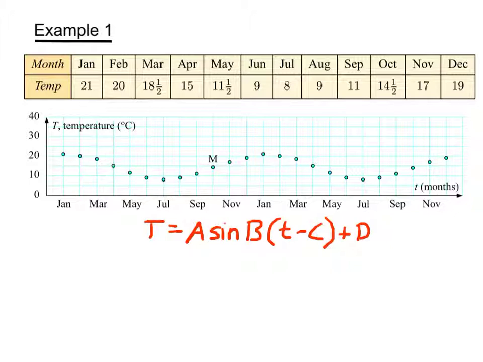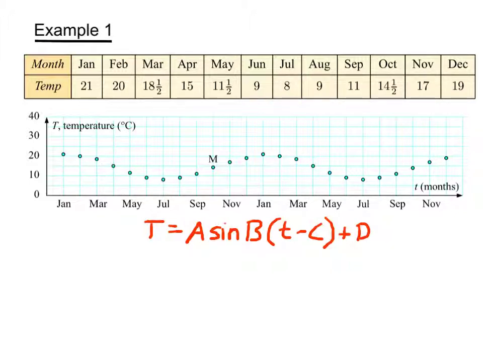Well, remember A and D are really easy to find. I just need to locate the maximums and the minimums. So I go up here to the table and I see that the maximum temperature is in January. This must be somewhere in the southern hemisphere, right? Maximum temperature is 21, and the minimum temperature we see is in July, and that's a temperature of 8.